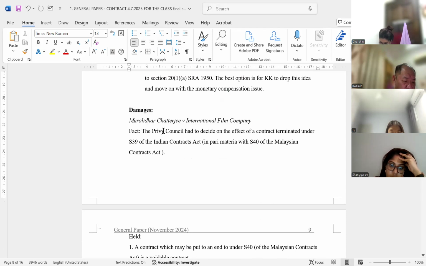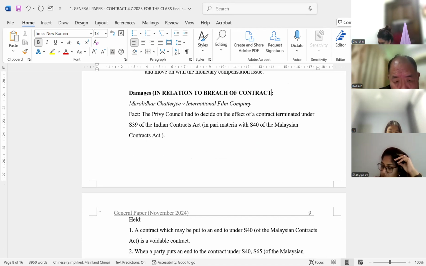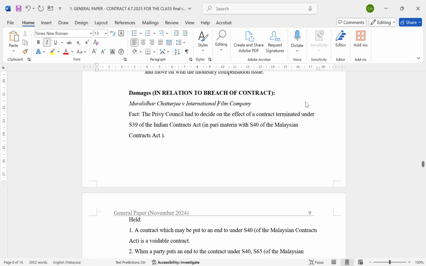And damages must be discussed in relation to breach of contract. So you use a case law, Muralidhar Chatterjee against International Film Company. Quite a famous case.